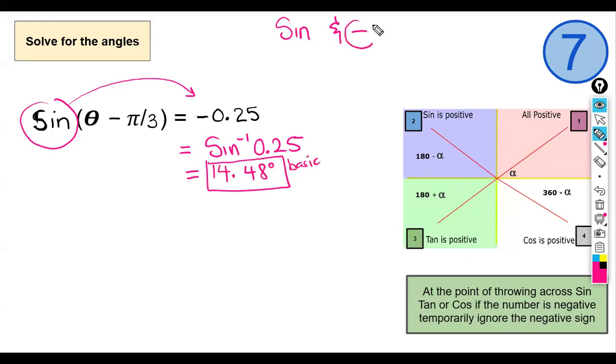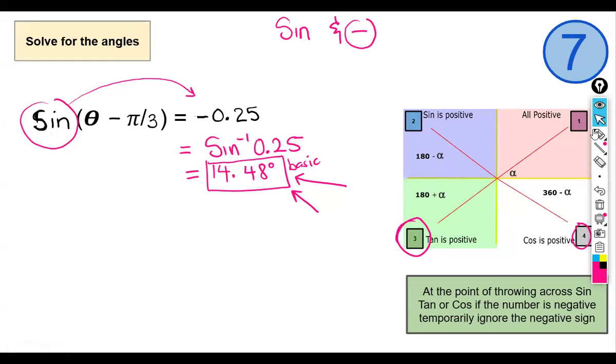A negative question. So where's sine negative? In the third region and the fourth region. So my advice is to get your two answers first, the one for the third region and one for the fourth region. You have to pause your question and get your two answers and then move on.